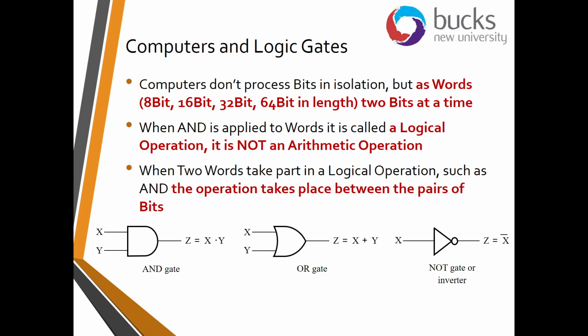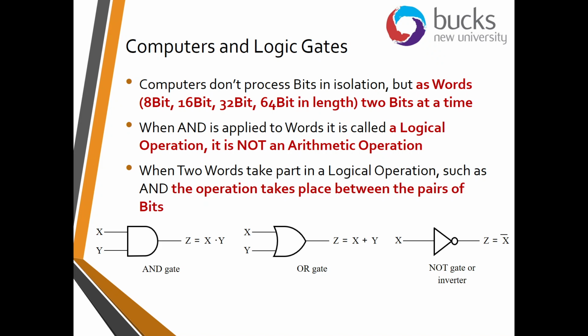So when two words take part in a logical operation, such as AND, the operation takes place between the pairs of the bits. Although we still see all the bits as being in a word length, so 16 bits, 32 bits, 64 bits, you're only ever logically operating on two bits at a time, as a logical transformation between inputs.